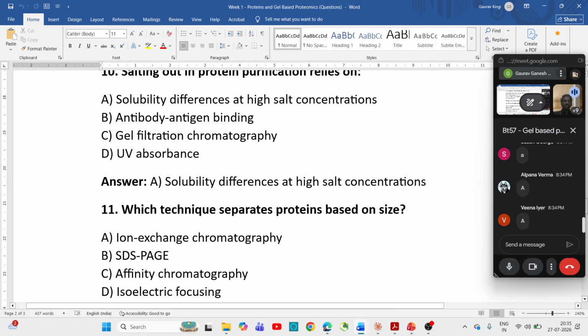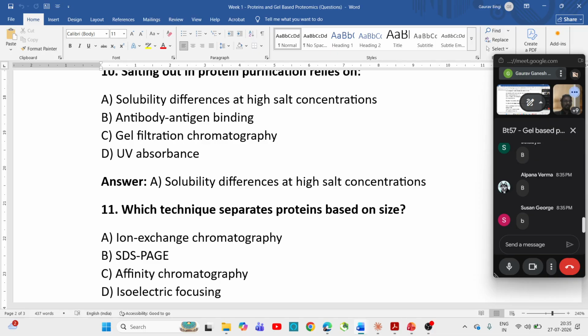Which one separates based upon size? It's B, it's SDS-PAGE.